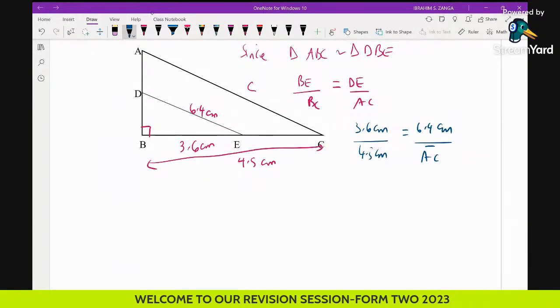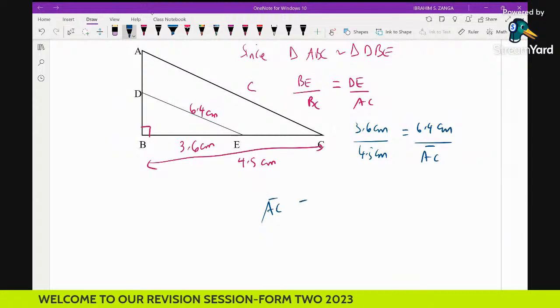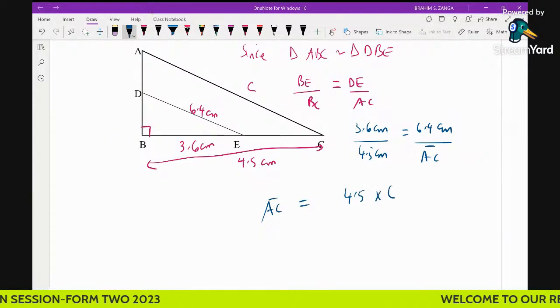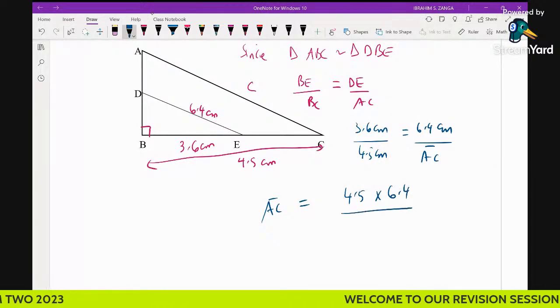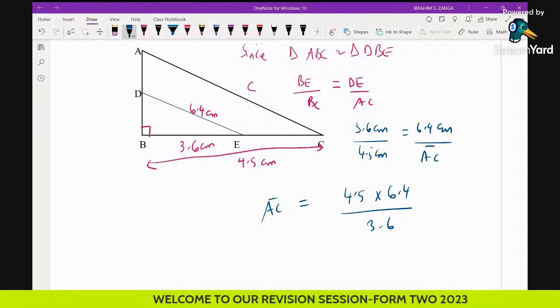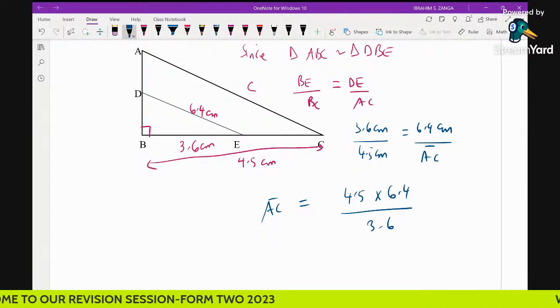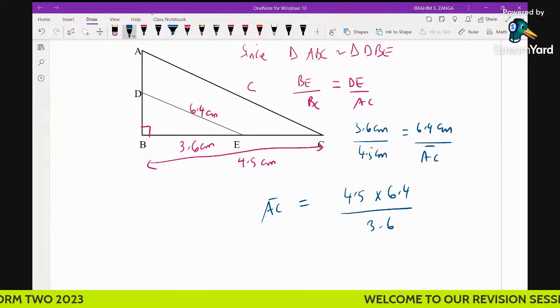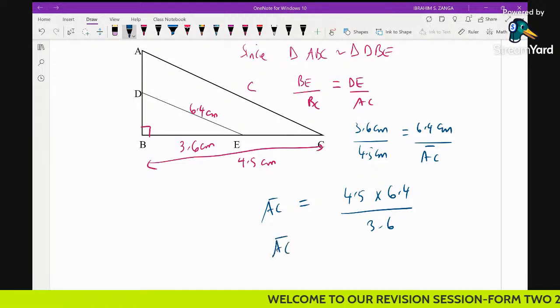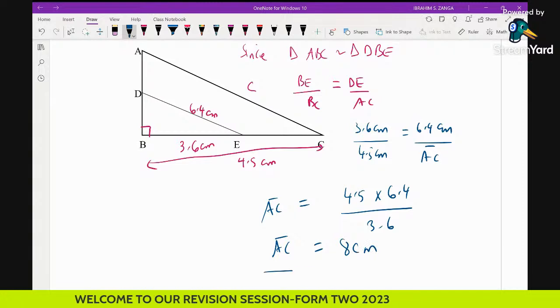So from here, AC equals 4.5 multiplied by 6.4 divided by 3.6. When you multiply, we come to know that AC is going to be 8 centimeter.